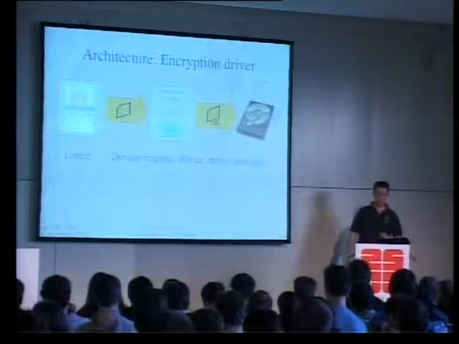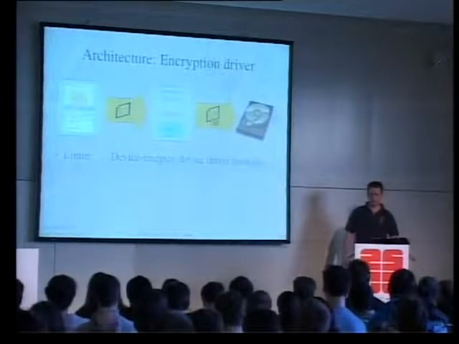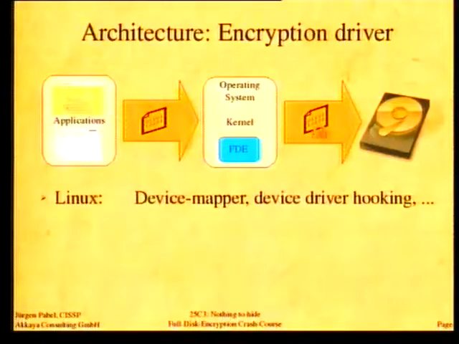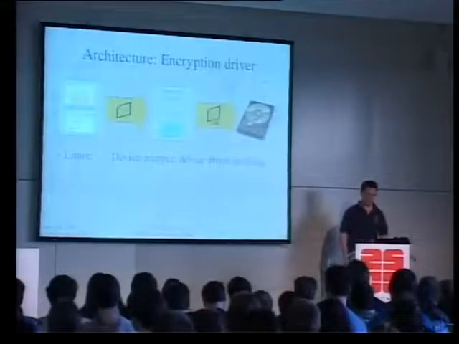So for Linux, there are a couple of solutions that do this. One is the device mapper, which is an architectural solution. It essentially allows you to use a different device than your hard disk, and this device does nothing but encrypt the data and then pass it on to the real device driver.